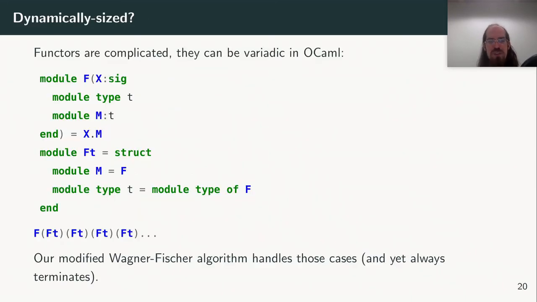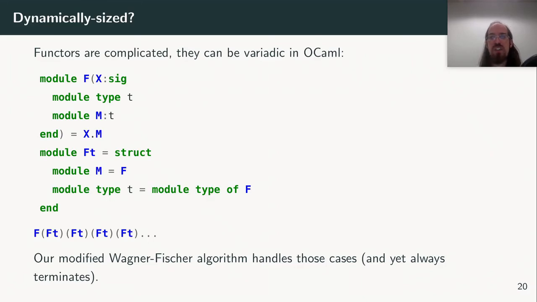Another strange thing that you may have noticed is that I have a dynamically sized variant of Wagner-Fischer. Where does that come from? Well, functors are complicated. And in fact, in OCaml, they can even be variadic. It is possible in OCaml to define a functor that can be repeatedly applied to the same argument as many times as you want.